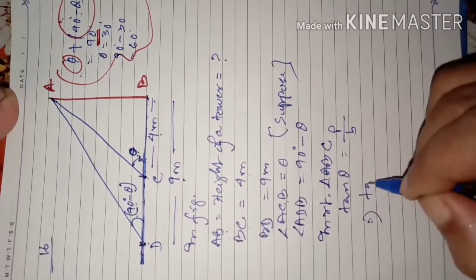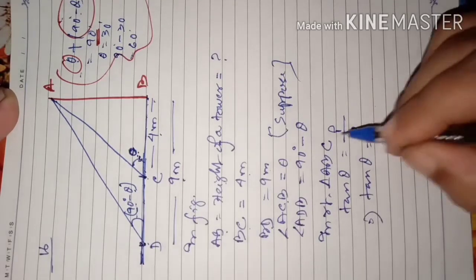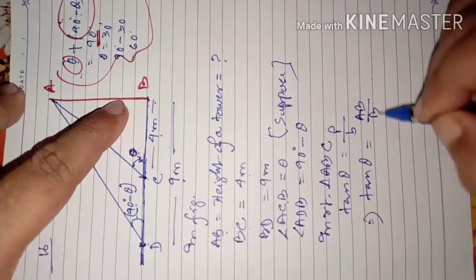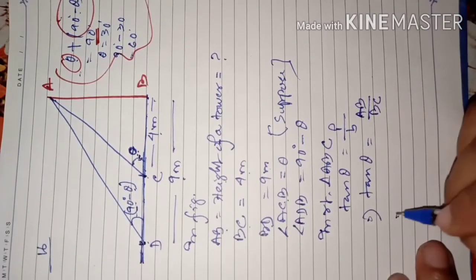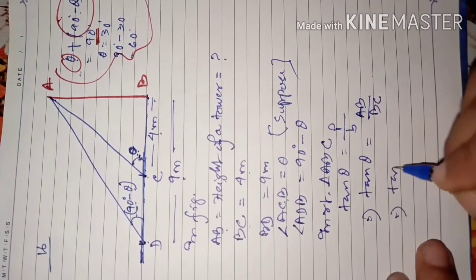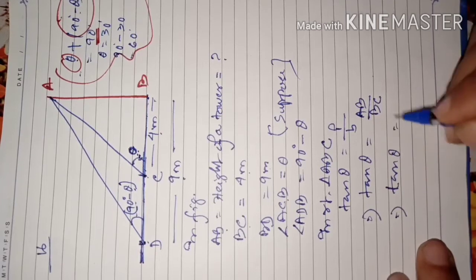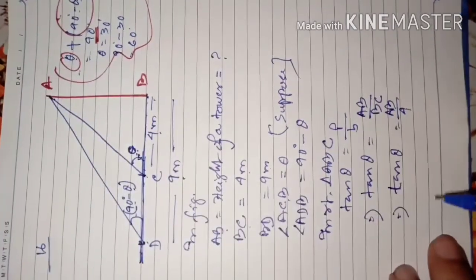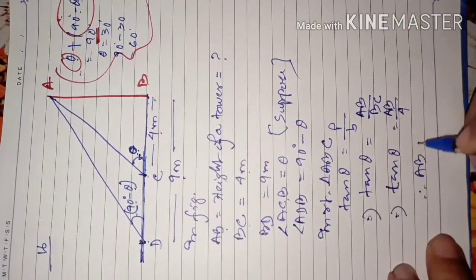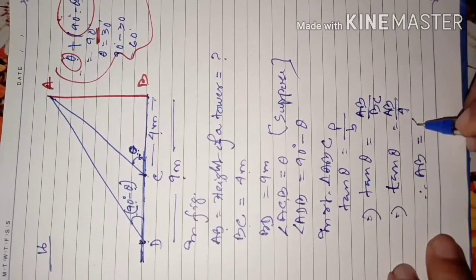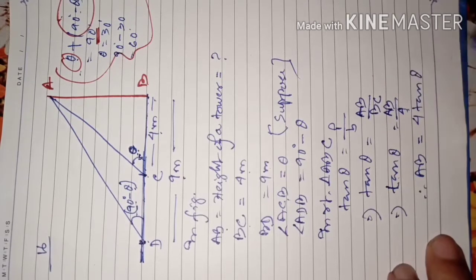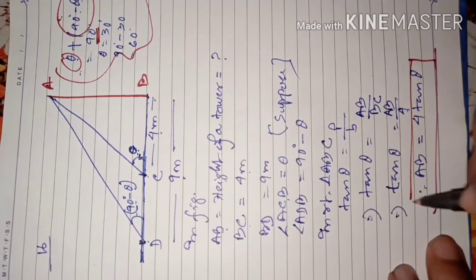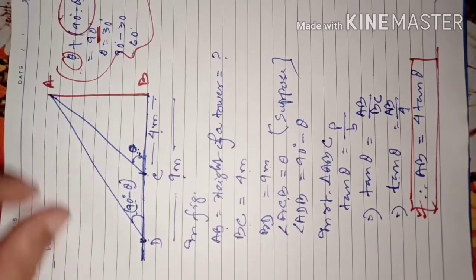Perpendicular is AB, base is BC, and BC's length is given. So tan theta is equal to AB by 4, because BC is 4. Therefore, AB is equal to 4 tan theta. This is AB's expression. Keep it as it is. We have not got the final answer yet.